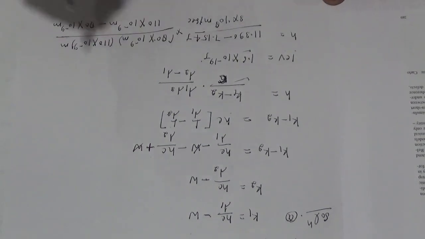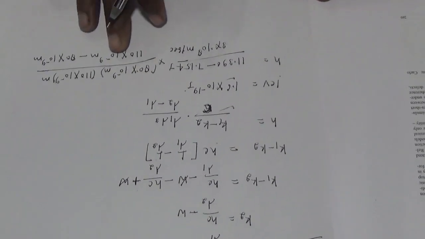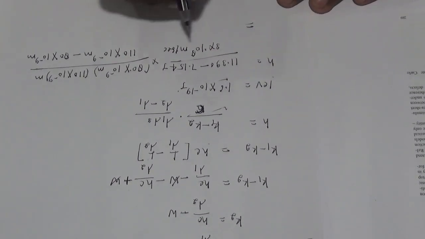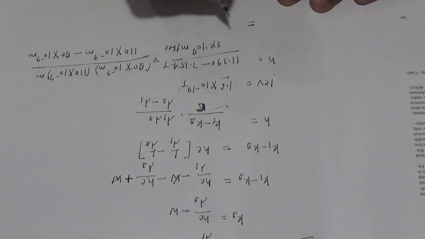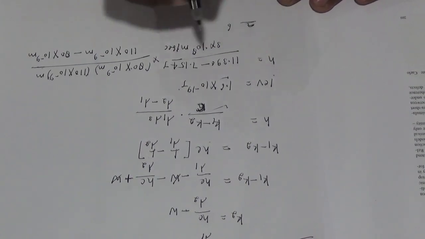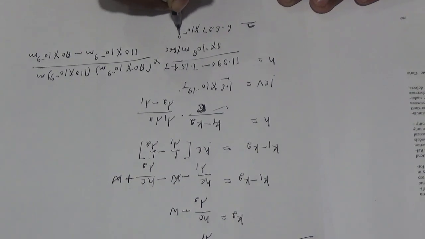We have put the values of lambda 1, lambda 2, K1 and K2. Solving these equations, we get the approximate value of h as 6.627 into 10 to power minus 34 joule second.